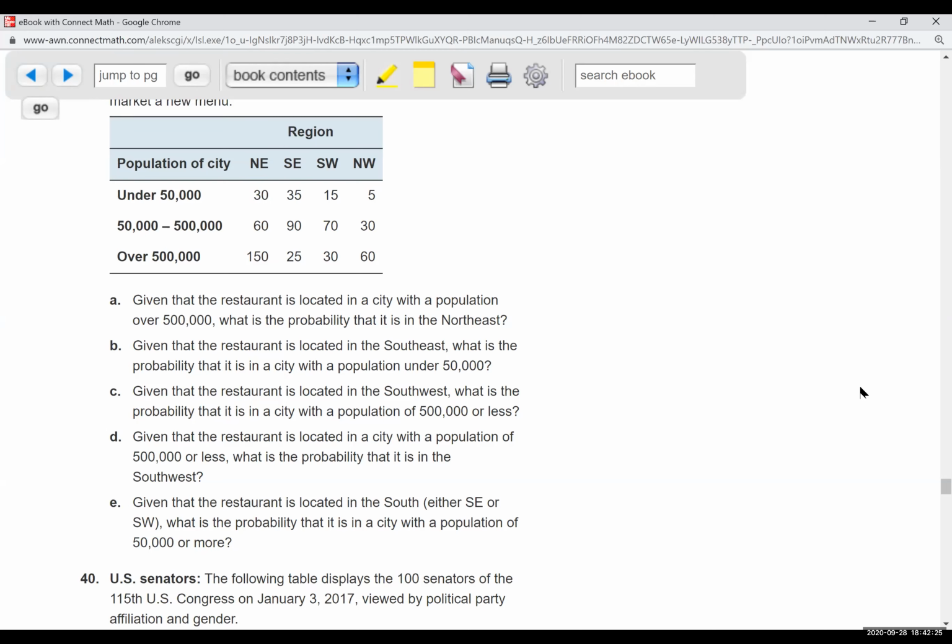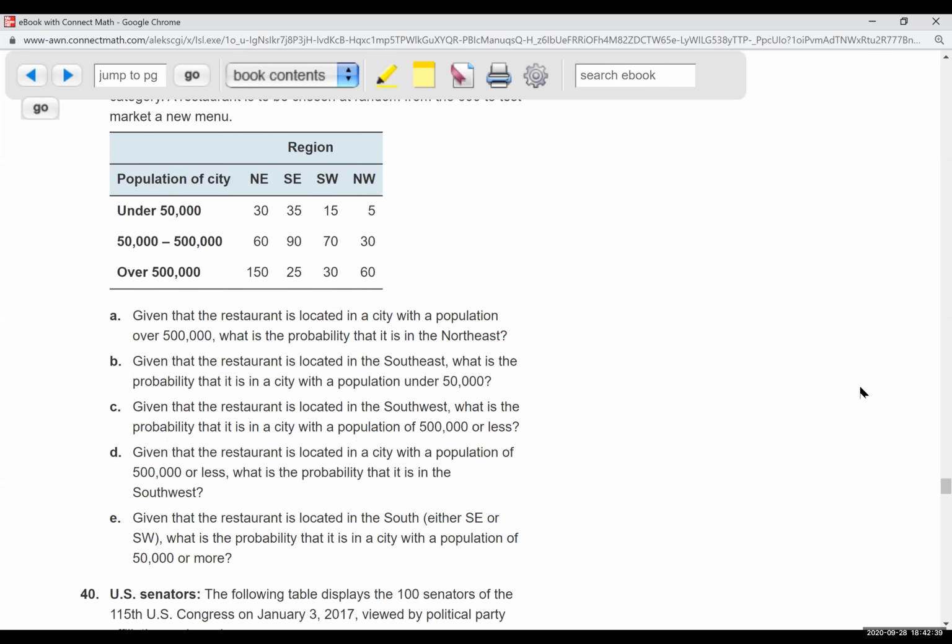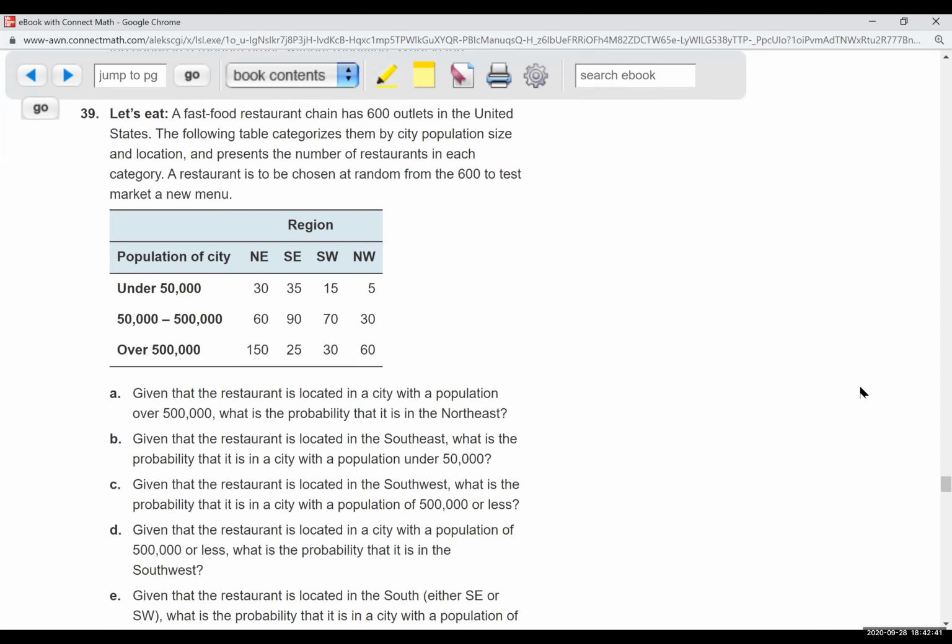A, given that the restaurant is located in a city with a population of over 500,000, what is the probability that it is in the Northeast? Uh, 0.25.